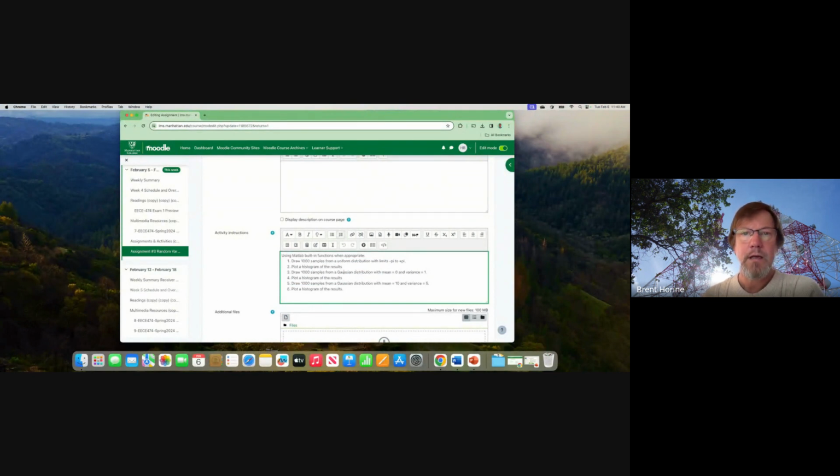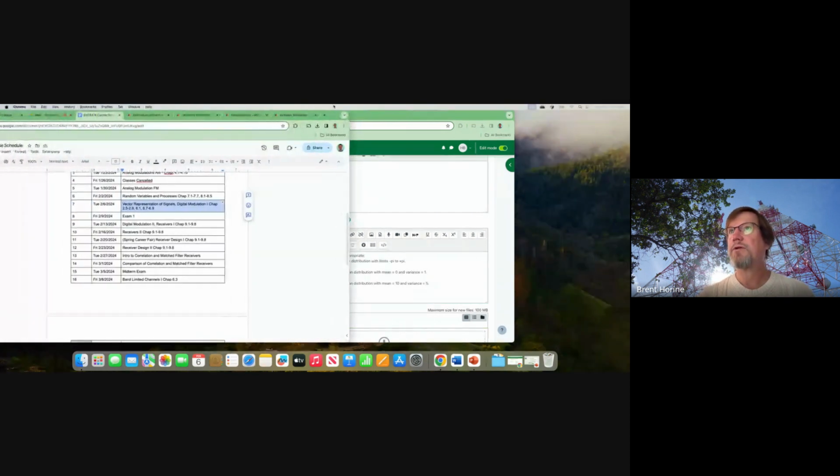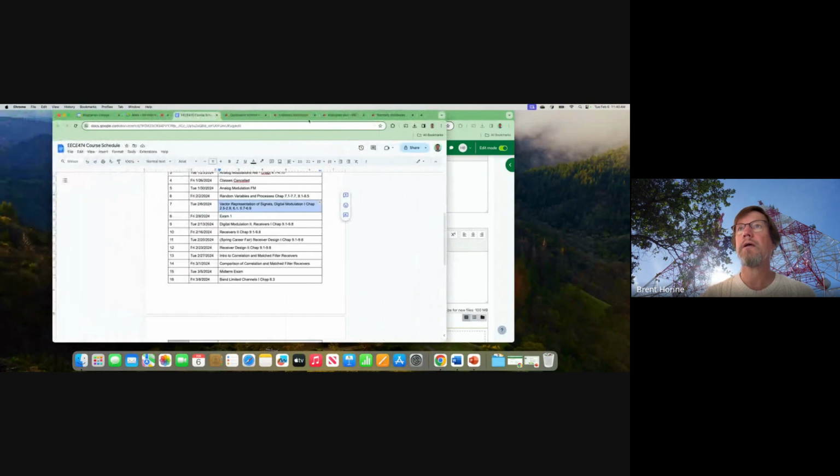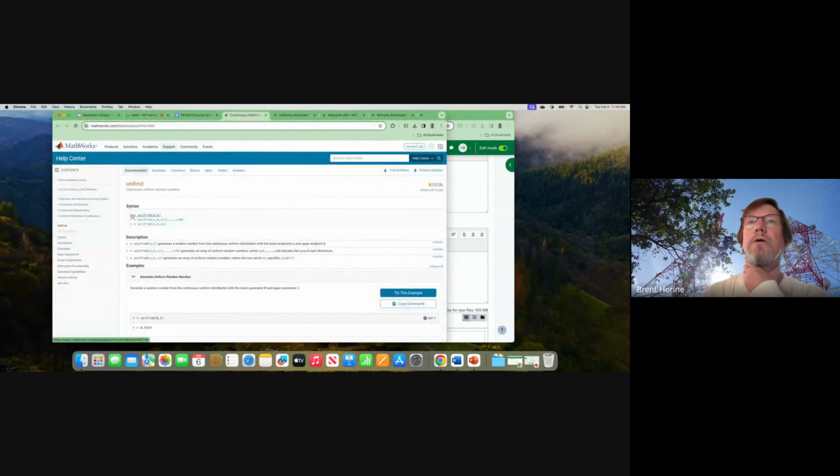So I can give you some examples here real quick on how that's done. MATLAB has a uniform random generator that you can plug your limits into, and you can also provide it a size.